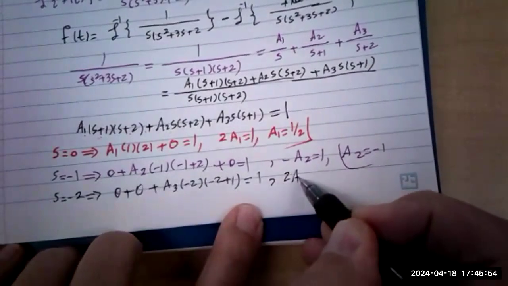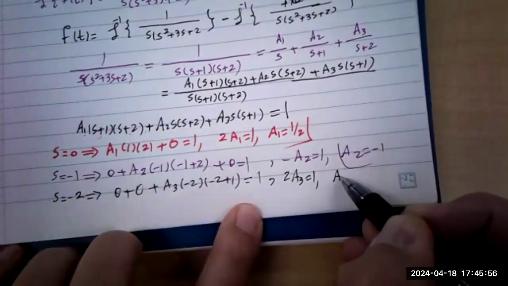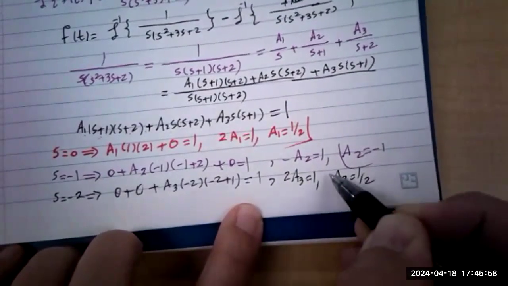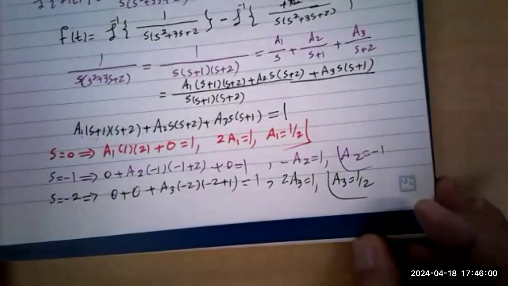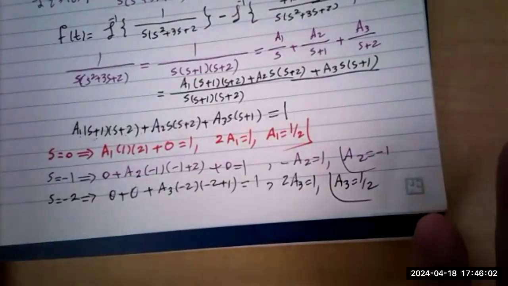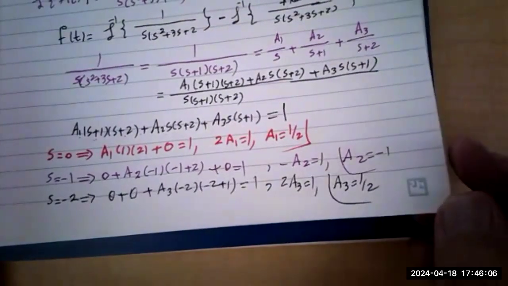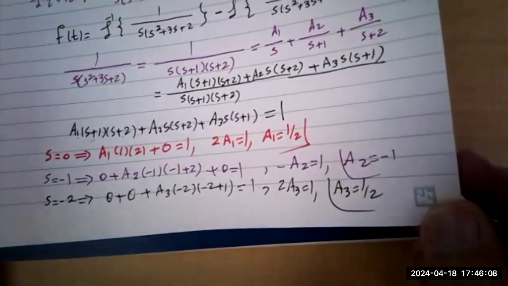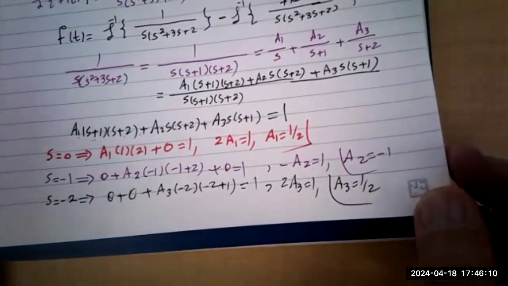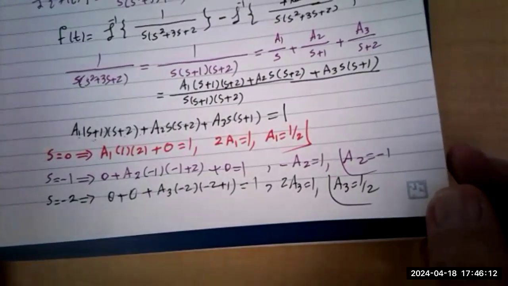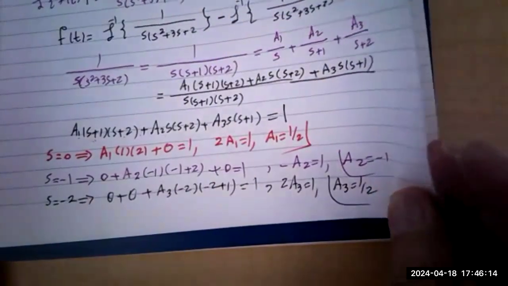So that gives 2A3 equal to 1. So A3 would be half. That's it. And the Laplace transform would be an easy case to find, and then get that transformation. Okay, any question? So the numbers: A1 equal to half, A2 negative 1, and A3 1 half.